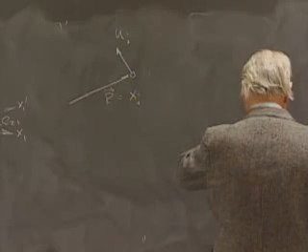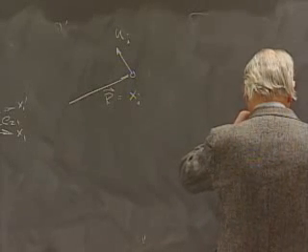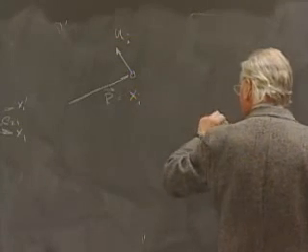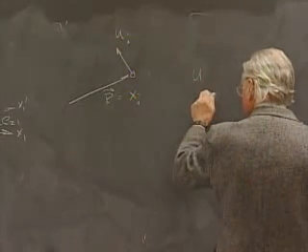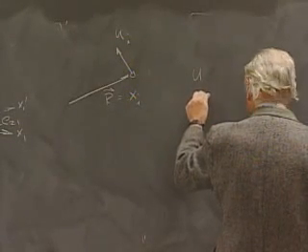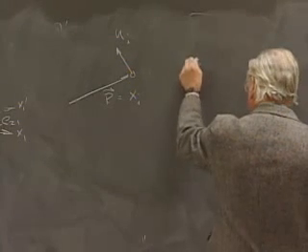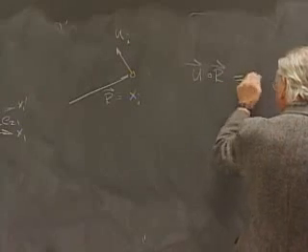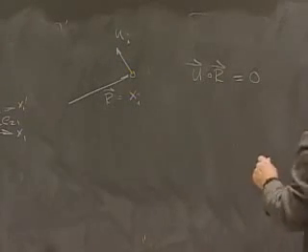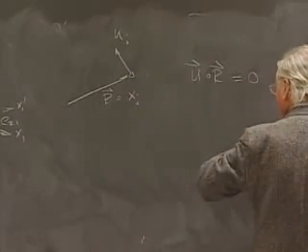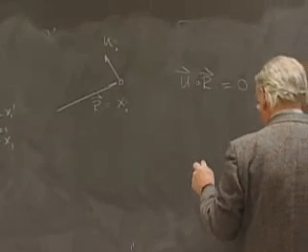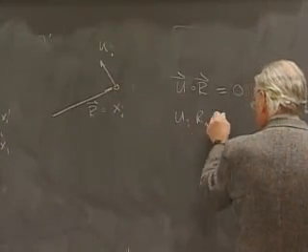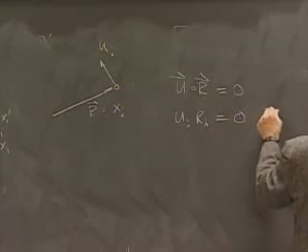And I will say that if ui is perpendicular to the radial vector xi, then u dot r should be equal to 0 for every position xi. So if we just multiply this out, this is saying that ui ri should be equal to 0 for rigid body rotation.